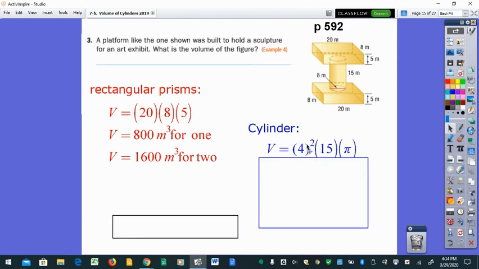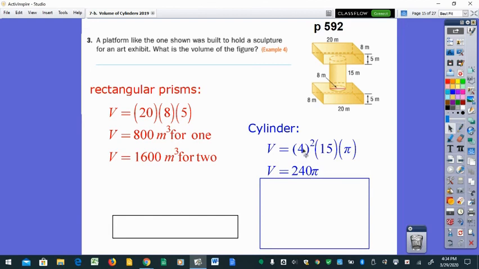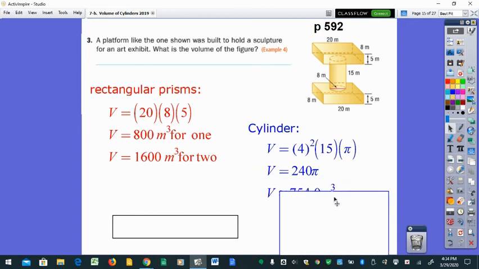So the 4 squared times 15. It's going to give me 240. That's 16 times 15. And when I take 240 times pi, it's about 754 meters cubed.